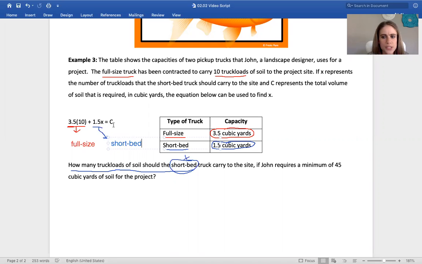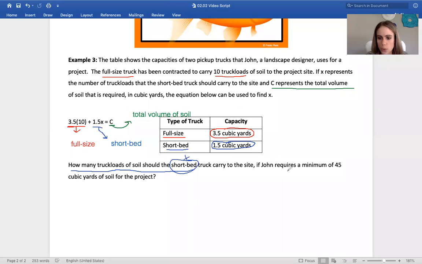And then it's equal to C. What does C represent? Here we go. C represents the total volume of soil. So C represents my total volume of soil. Do I have any information for that?